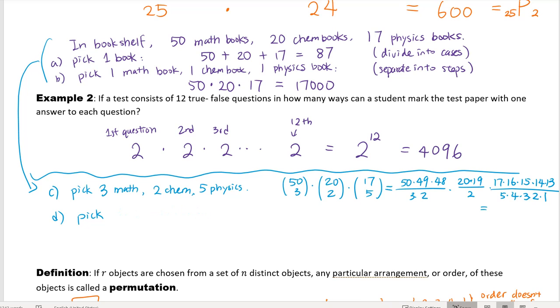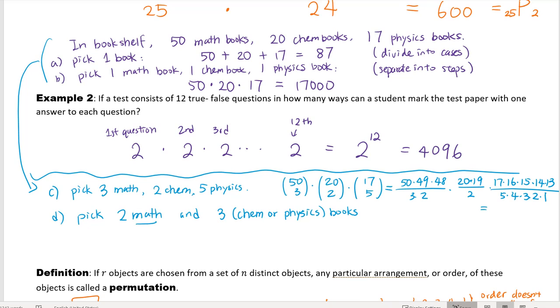Let's pick 2 math books, and 3 chemistry or physics books. How do we do this?